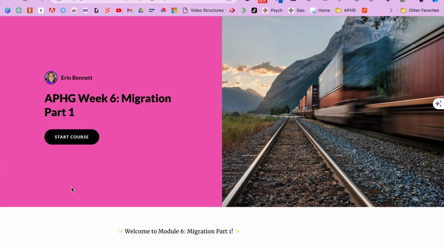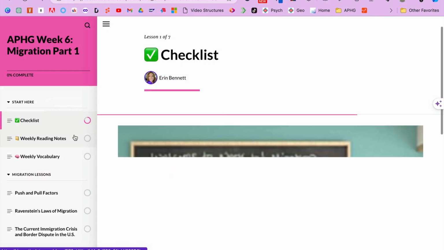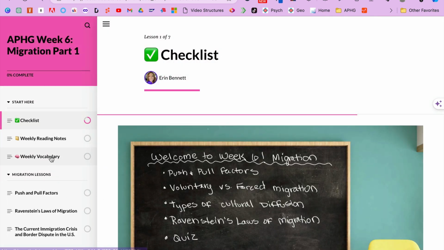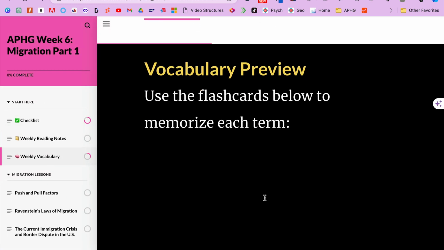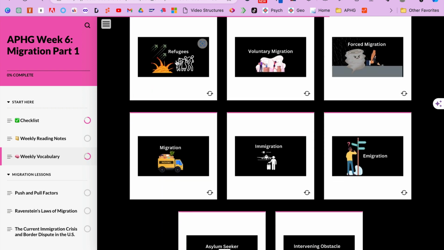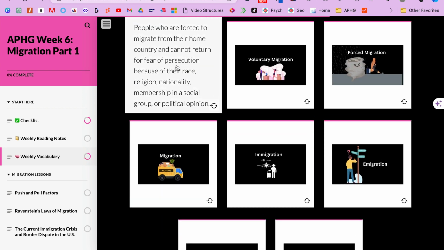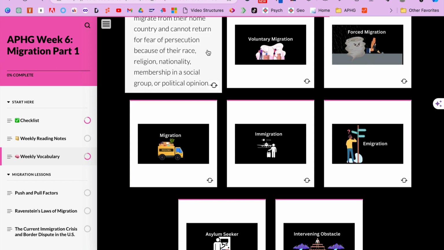So let's jump right into part 1 of migration with our vocabulary. Refugees: people who are forced to migrate from their home country and cannot return for fear of persecution because of their race, religion, nationality, membership in a social group, or political opinion.